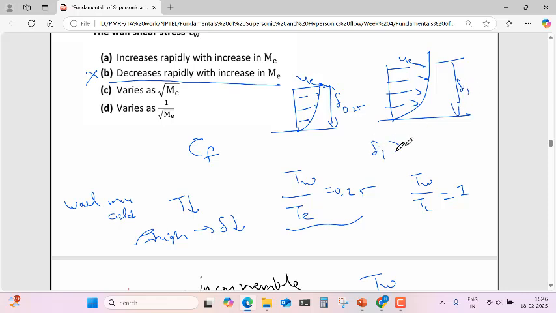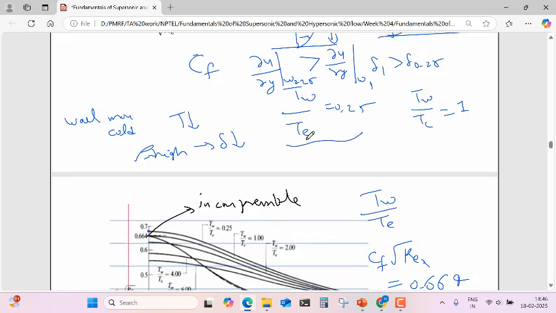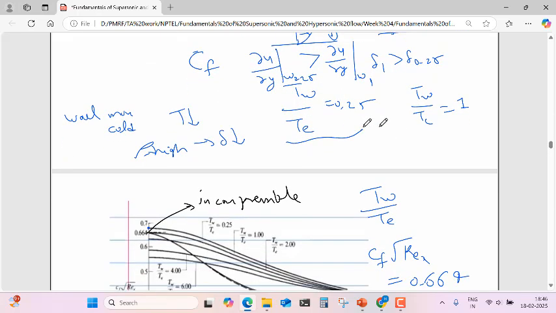So delta for 1 will be greater than delta for 0.25. As the boundary layer thickness is lower here, dou U by dou Y at the wall will be greater than dou U by dou Y at the wall for the case of 1. So this dou U by dou Y will be higher, it means CF will be higher.